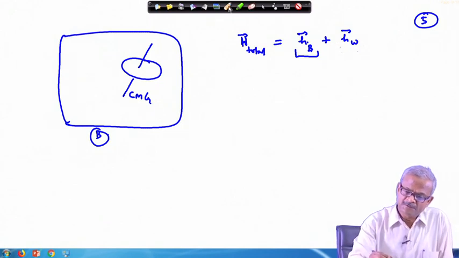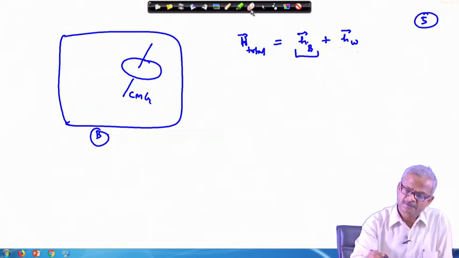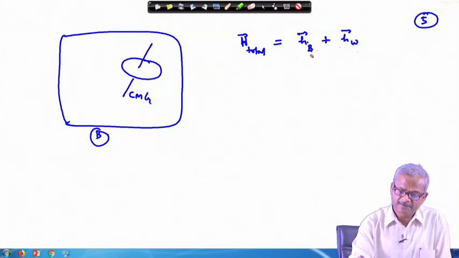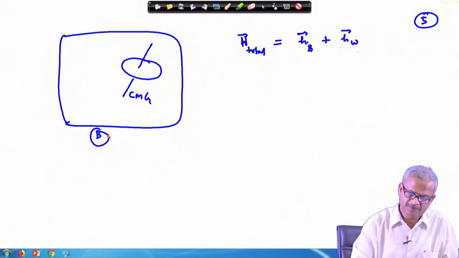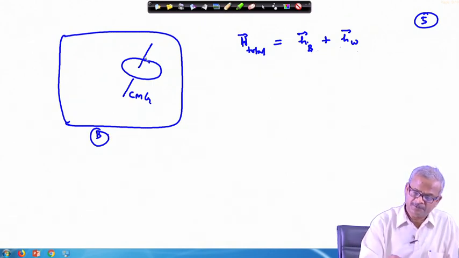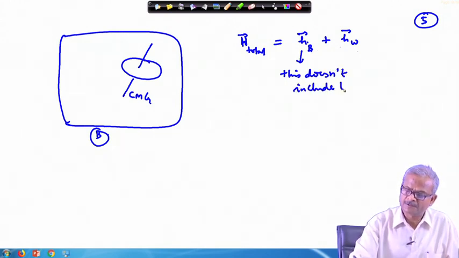Actually, this is the absolute angular momentum. So, I need to make sure that it differs from the previous one, because here I am not writing the whole body. This is not for the whole body, it does not include the CMG.